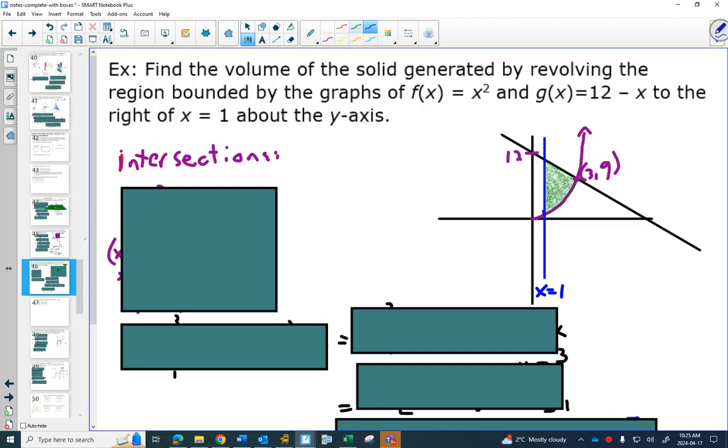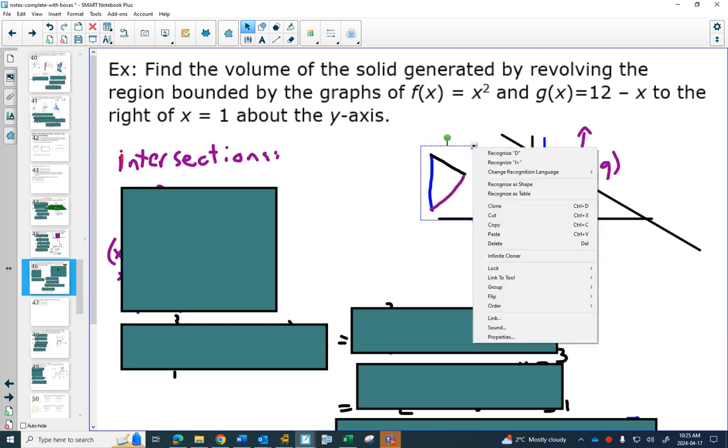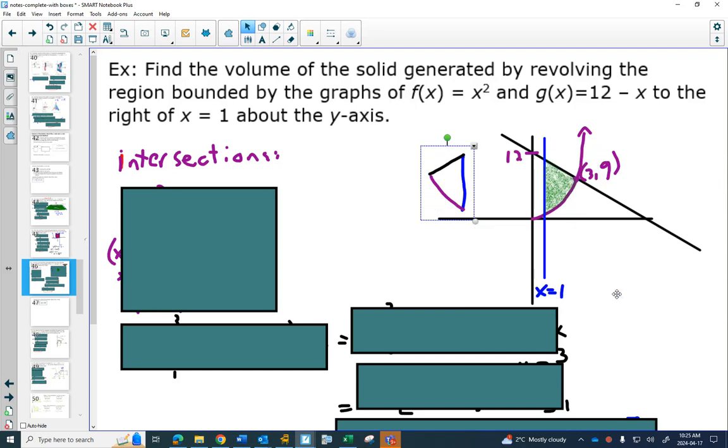I'm going to take that section. I'm going to flip it over this way and redraw it.